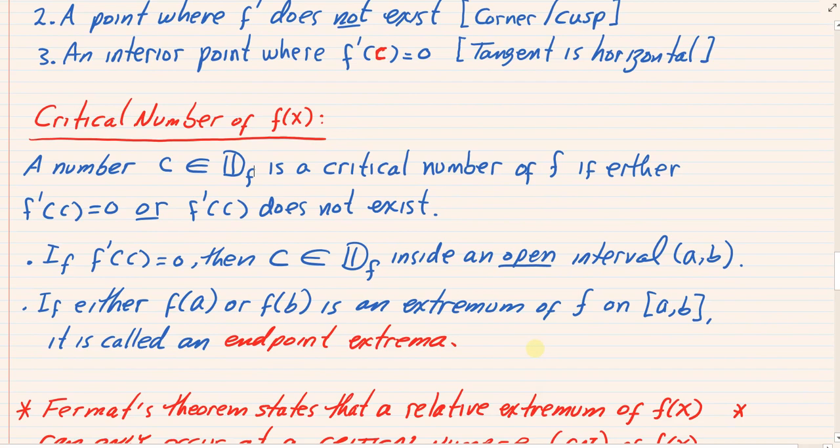Now this last bullet has nothing to do with the derivatives. We're just giving you a definition, a terminology. If the max or minimum occur at the endpoint of a closed interval, then they're called endpoint extrema.